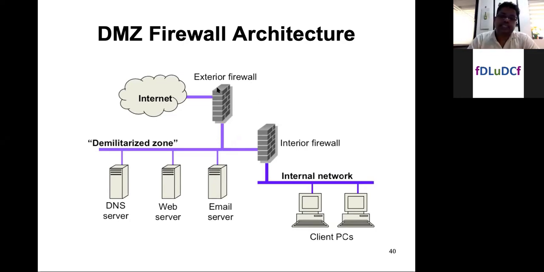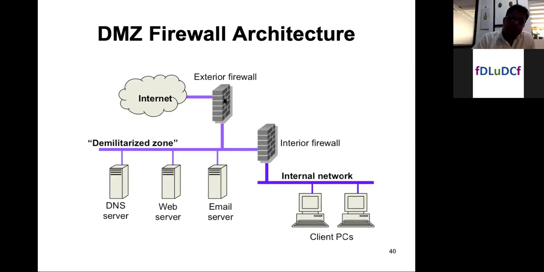So we have an exterior firewall and an interior firewall. Some people say buying from two different vendors is not good, but some people say it's good. You can think about how we could add those two firewalls.